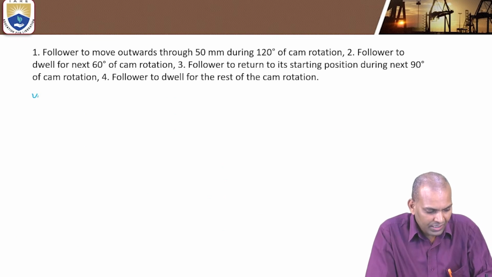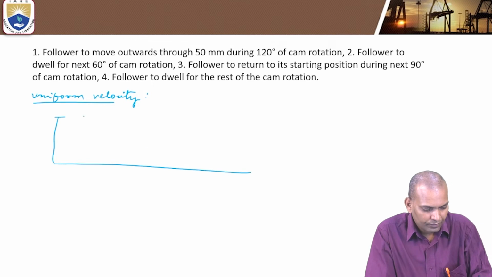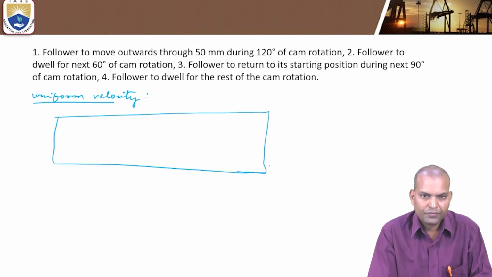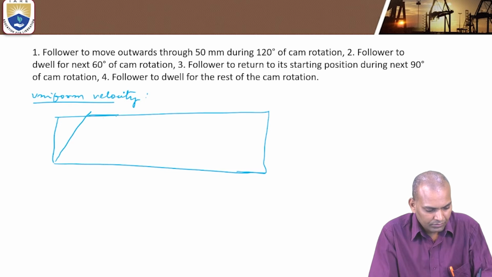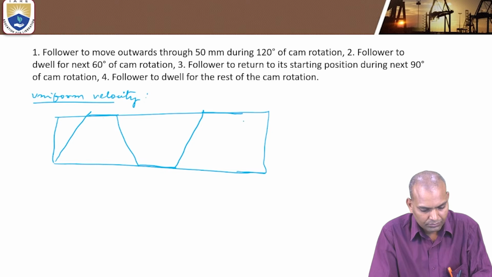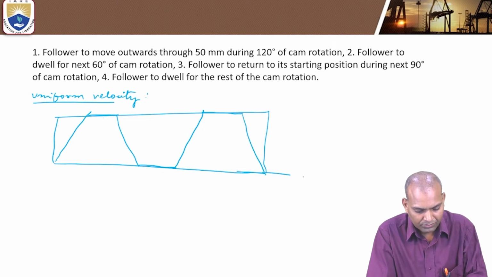The uniform velocity case we are considering. The shape of the cam profiles for 2-3 revolutions, okay, how the shape will come. This is the shape of the follower.